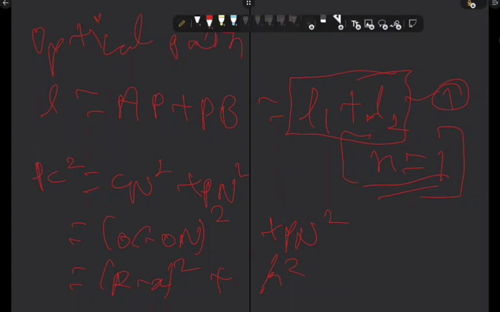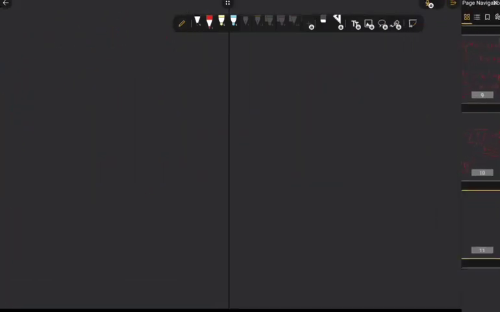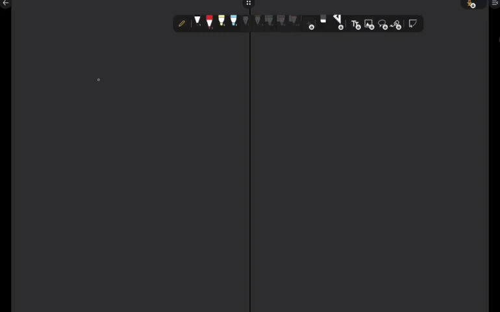You know this very well that PC is equal to r, because PC is equal to the radius of curvature. So your total expression becomes something of this kind: r square is equal to r square plus x square minus 2rx plus h square.